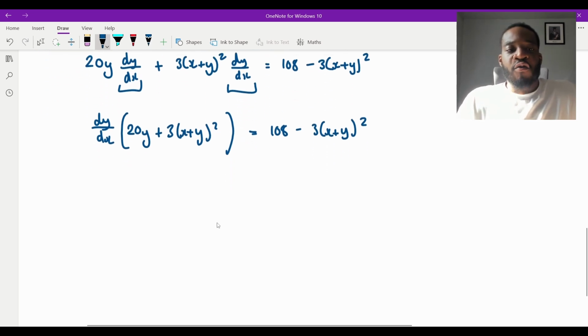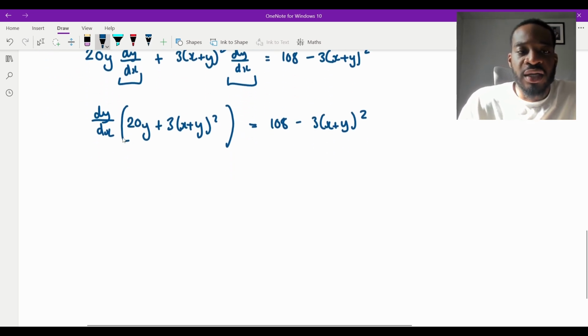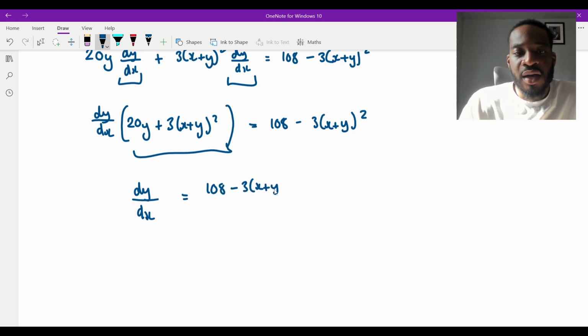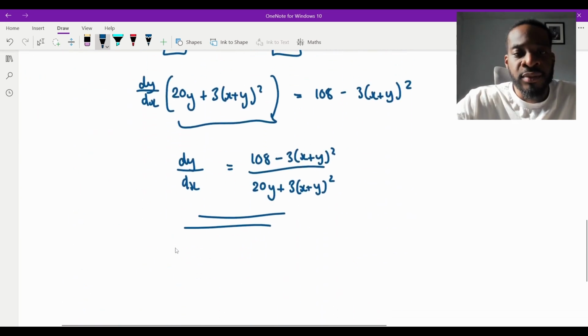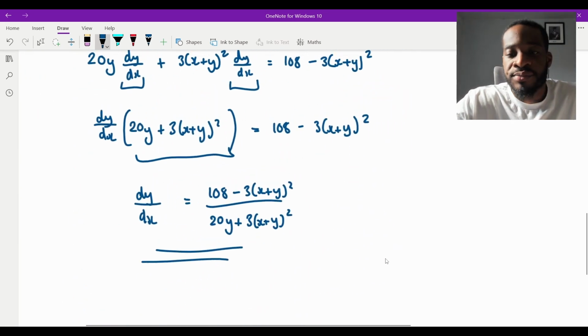Now from here, we can divide by that bracket, and we get dy over dx equals 108 minus 3 and then x plus y all squared over 20y plus 3 and then x plus y all squared. And that's exactly what they wanted us to show. Perfect. And that's part A finished.